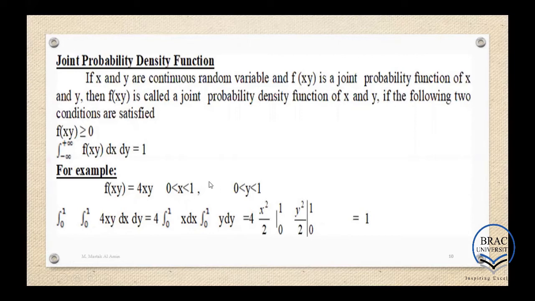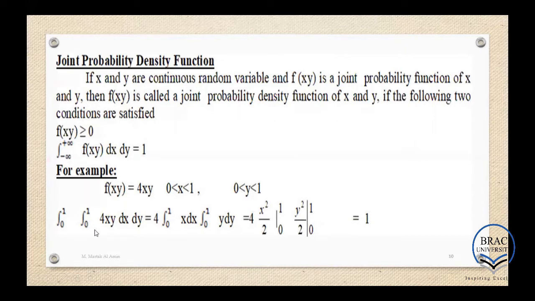So from here we can see the value of the function f of x, y must be greater than 0. Why? Because x is greater than 0 and y is greater than 0, so their product must be greater than 0. So condition 1 is fulfilled. Now what about the second condition?